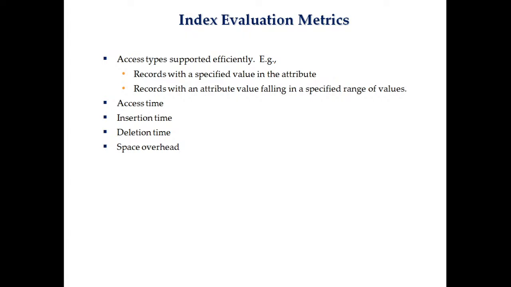And space overhead: if any new index is inserted, how much space overhead is there. Space overhead means, for each of the indexes, how much space you have allocated. If you allocate minimum space for each of the indexes, then it is quite efficient. So these are the index evaluation metrics that are quite helpful to judge the best methods.